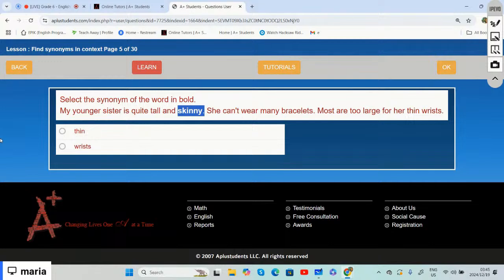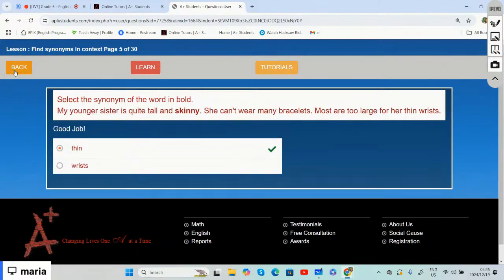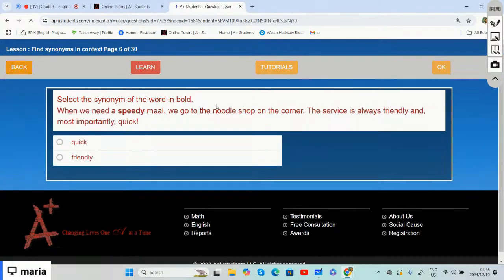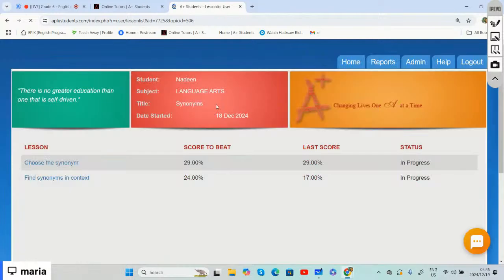All right, and if we were to choose the correct option, thin, my younger sister, we would say, is thin. Yes, well done.